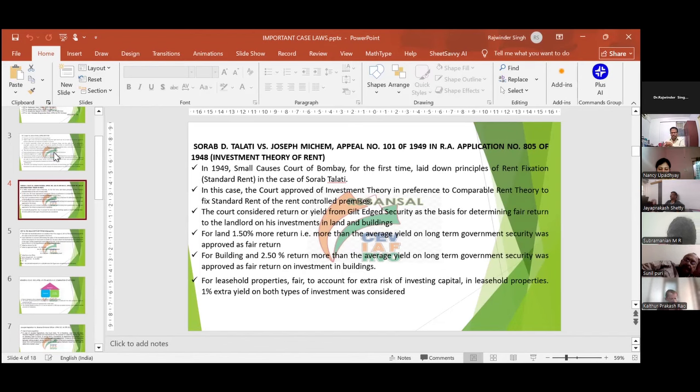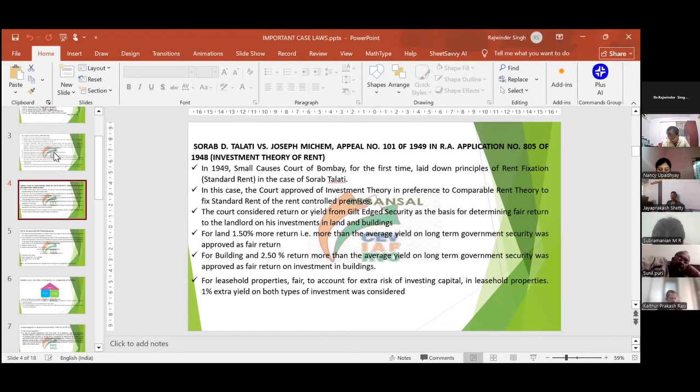So standard rent, which we have been discussing so far, was first of all brought in by the small causes court of Bombay. Basically it gives the investment theory of rent, which we already know. So standard rent was first of all discussed in the case of Saurabh Talati.